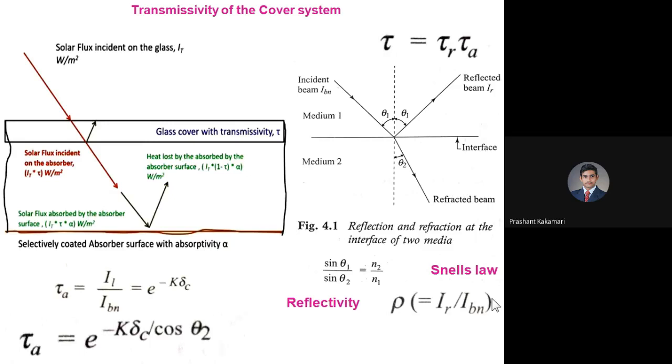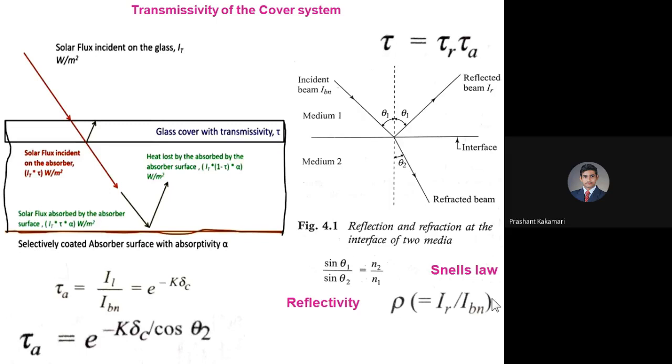Once solar radiation passes through any medium, some absorption will be there. So the radiation after the absorption losses from the glass cover I will call IL, the incident radiation on the absorber plate after the losses, to the total radiation available outside the glass cover, that is IBN.